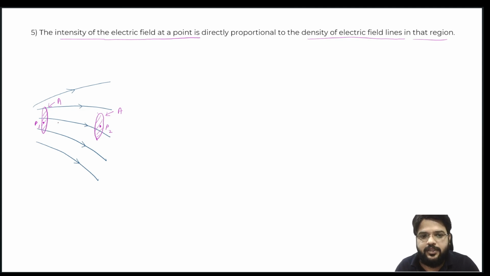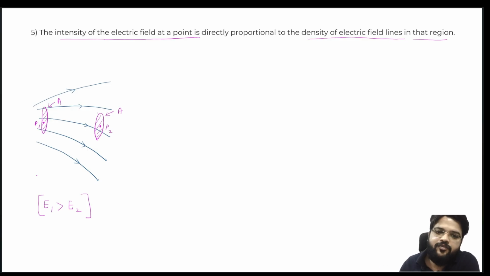Here field lines are closer and here they are at a far distance, correct? So the density of field lines at point P1 is greater. That's why the intensity of electric field at P1 is greater, everyone. That's why E1 is greater than E2. So density of field lines represents the intensity of the electric field. If the density of field lines is greater, then the intensity at that point is greater. So remember this point, correct?